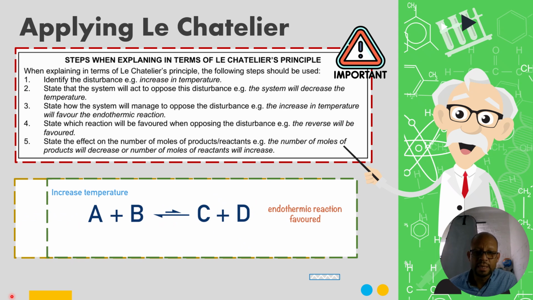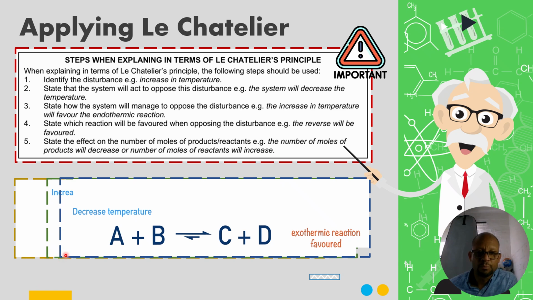The second thing is, if you're going to increase the temperature, you know that an increase in temperature is not going to favor the forward reaction, but it's actually going to favor the reverse reaction. So do take note that the concentrations of C and D will decrease and the concentrations of A and B will increase. So we're going to state that the concentration of A and B will increase because the reverse reaction is favored.